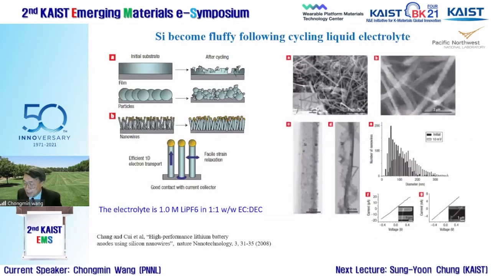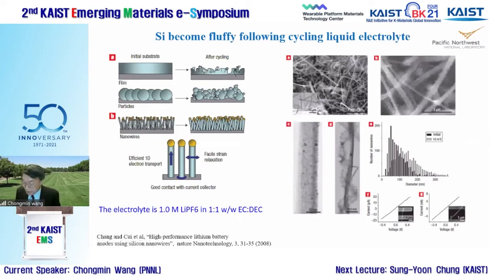One thing that has been a puzzle to the community for some time is Professor Yi's result. For example, you take a silicon nanowire, assemble a battery, and charge, discharge and cycle the battery, and after certain cycles you can see the silicon become a kind of fluffy structure. The community knows this phenomenon, but we never got an answer about what's going on.